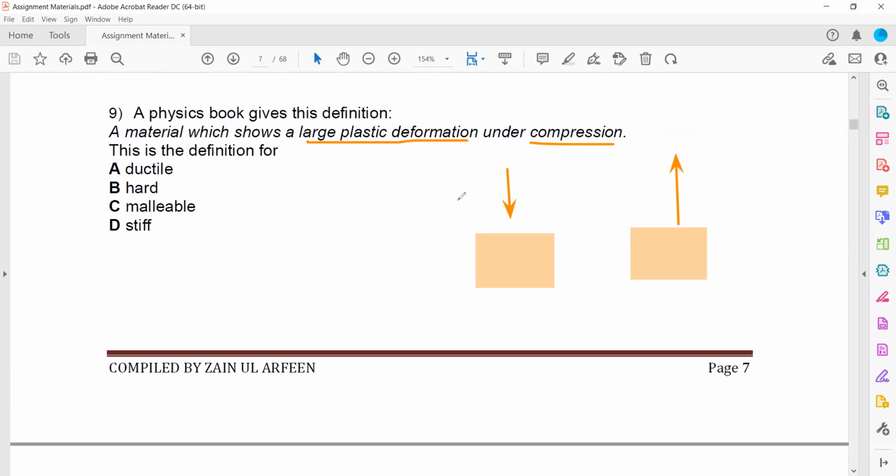So this object can deform under compression, and this object can deform under the tensile force.